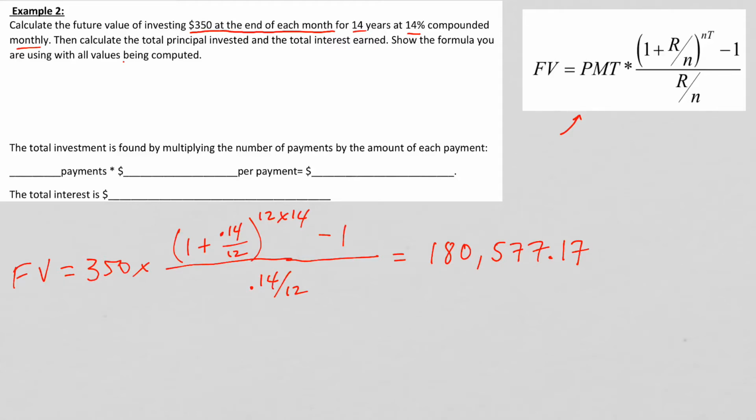Okay, now in order to calculate the interest, there's 14 years worth of payments and 12 payments per year because we're making them monthly. And the payments are $350 each. So we are making a total of $58,800 in total payments into this account. And it becomes worth $180,000.